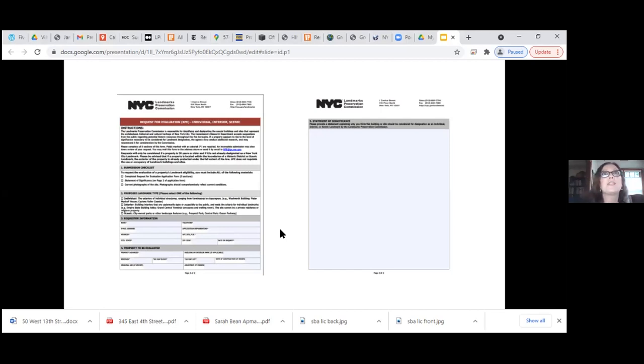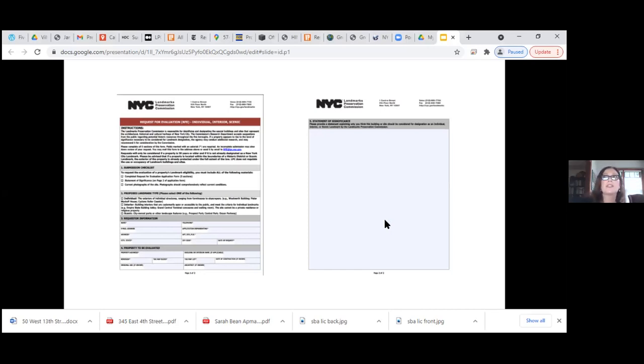The second page broadly asks for the building or site's significance. You can see right here it leaves this blank. You'll want to make a case for significance that aligns with the definition for a landmark that I gave you earlier. That is, the site or the building has a special character or special historic or aesthetic value as part of the development of the city, state, or nation.